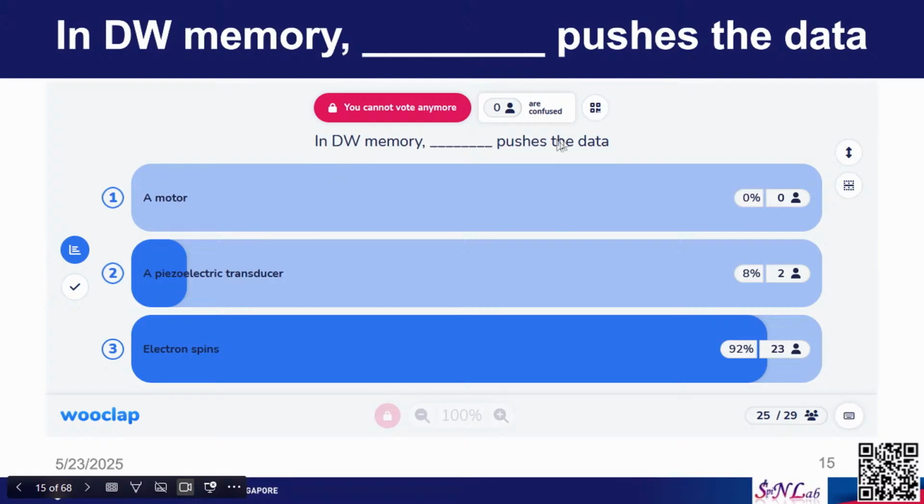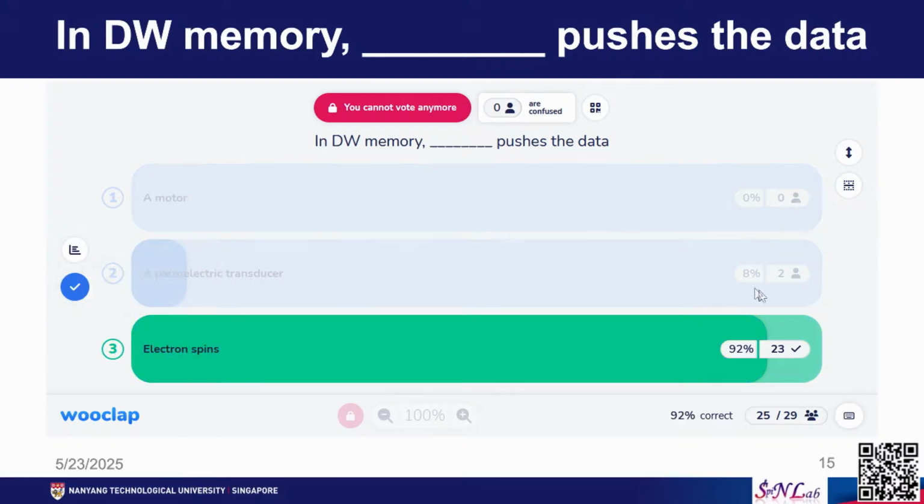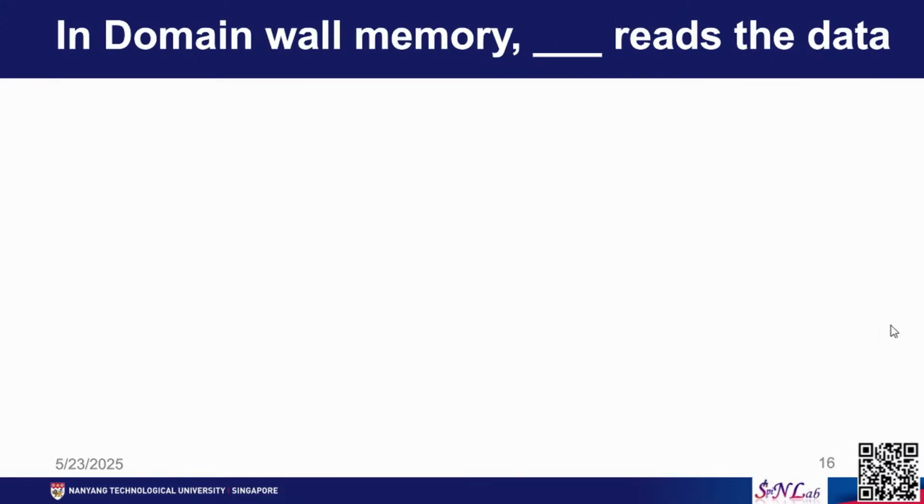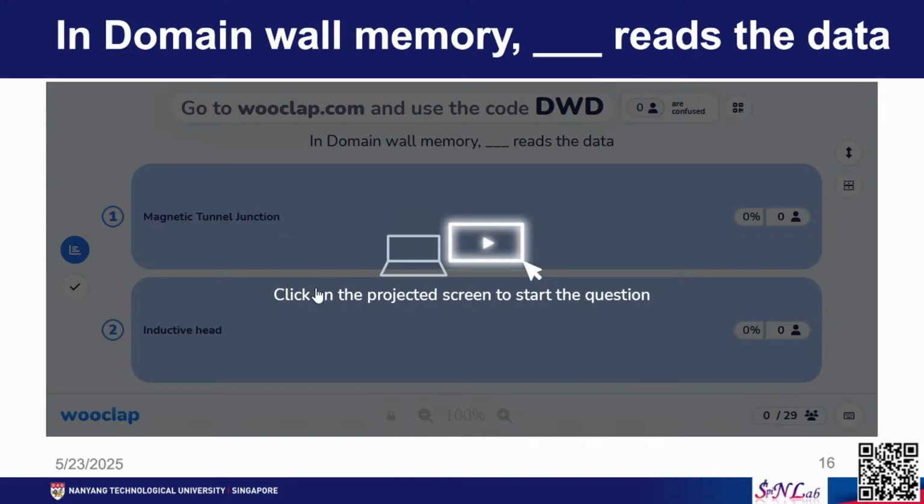So, there is a grammatical mistake. It should be push the data. Okay, so, electron spin push the data. Okay, that is the correct answer. Next one.